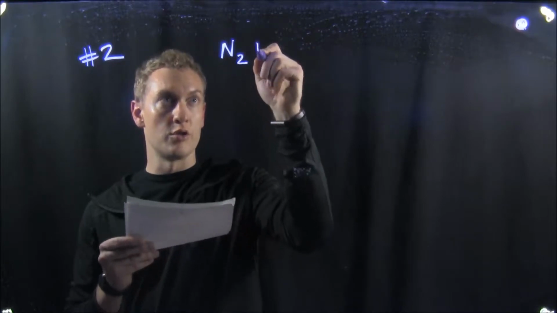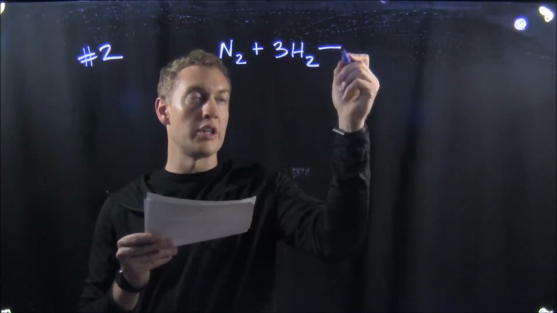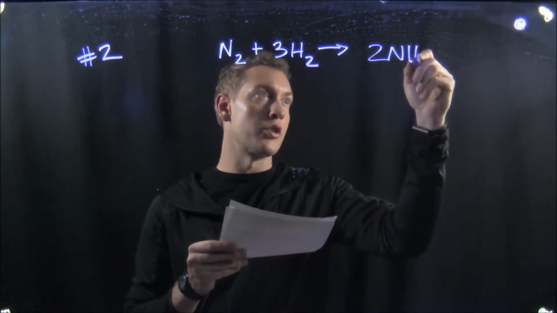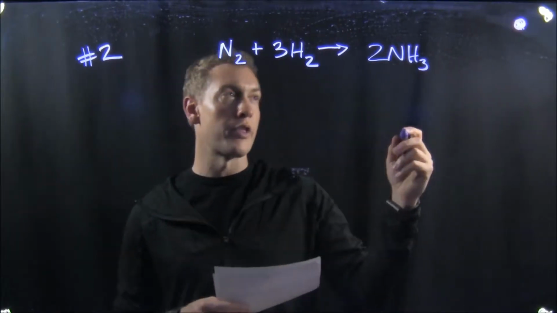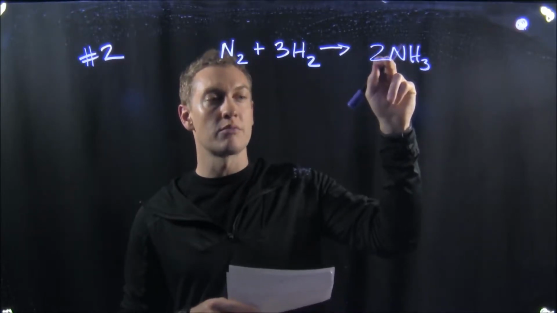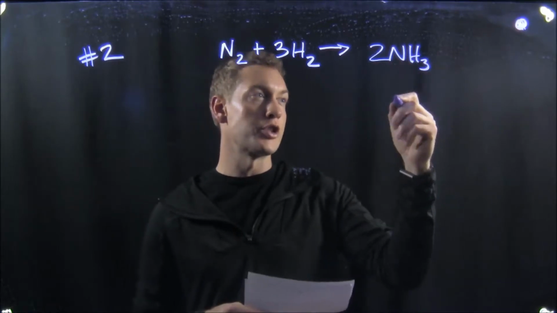So it says N2 plus 3 H2 yields 2 NH3s, 2 ammonias. And if we write the equilibrium expression for that, it's products over reactants, and each of the compounds is raised to the power of its coefficient.